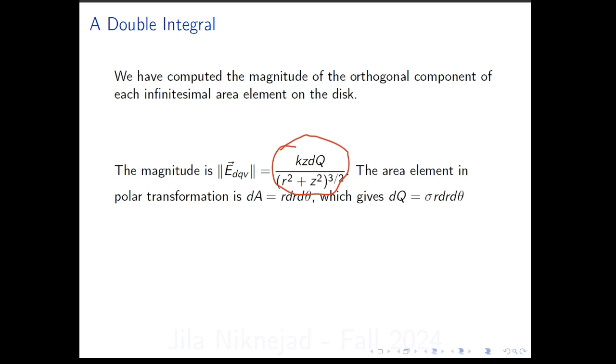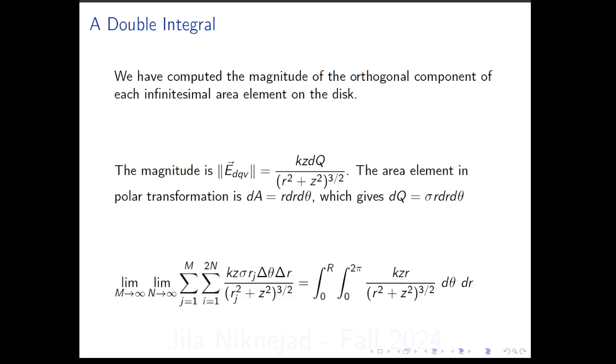Replacing dq by this new sigma r dr d theta, we quickly realize that the sums that we computed throughout the video is going to be a polar integral from 0 to R, integral from 0 to 2 pi, of k z sigma r over the quantity r squared plus z squared to the power 3 halves d theta dr, which is much easier to compute.